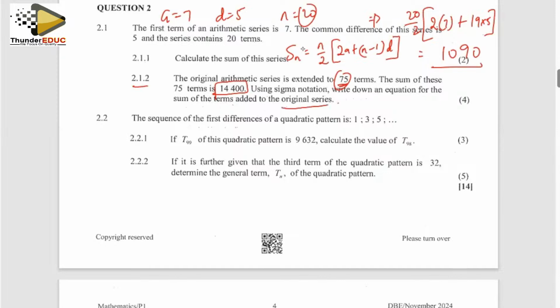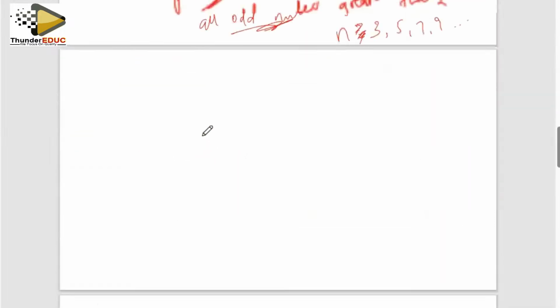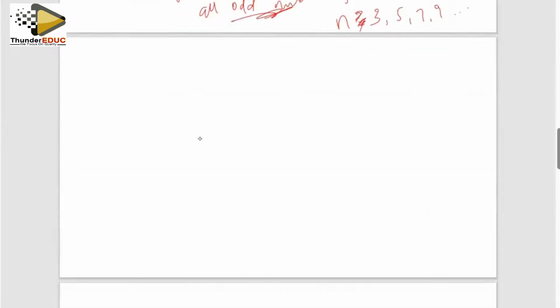Okay. So my approach to this question was, one, I have the sum of the first 20 terms. So S20 I got 1090. They are telling us that S75 is 14400.